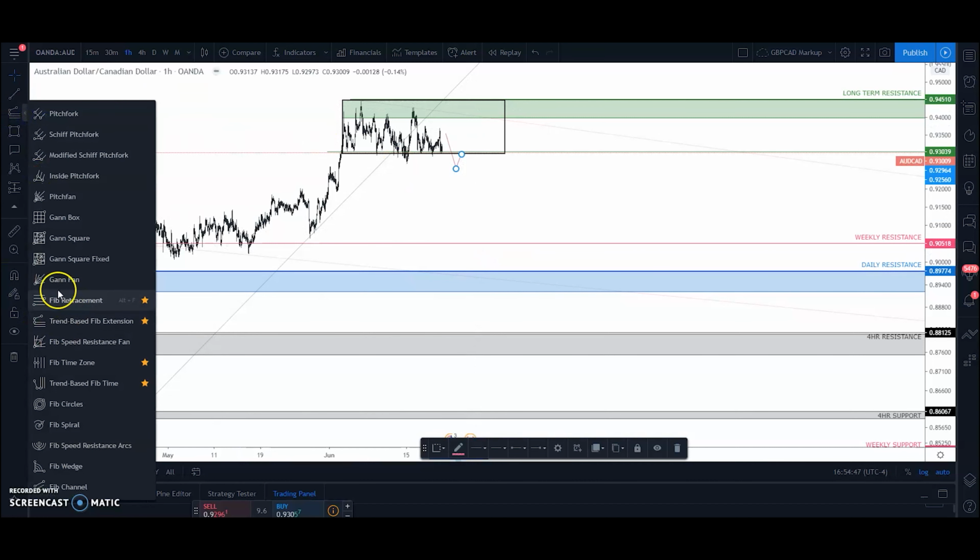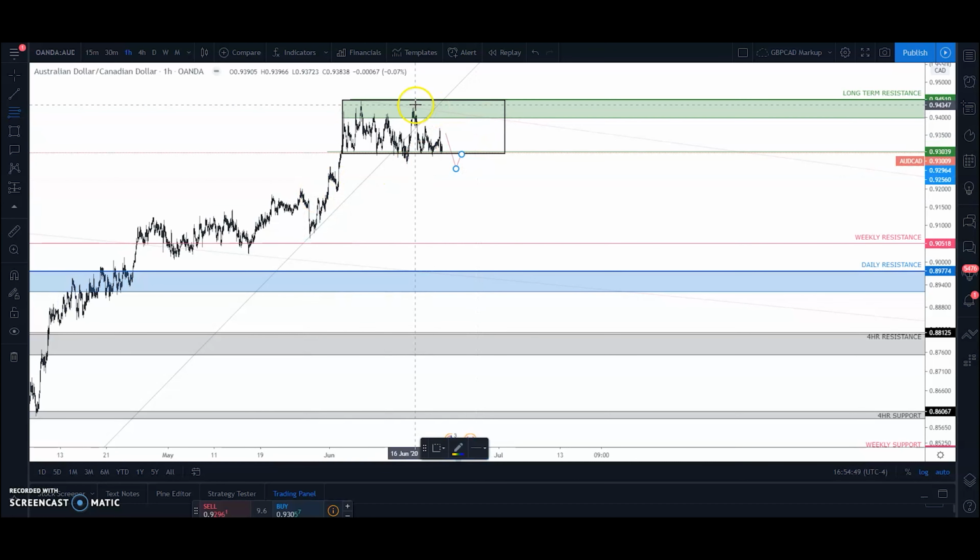So for me to figure out how far I think price will travel, I'm going to measure from the swing high to the swing low. And if you see, we're at the weekly resistance level and we're at the 1.618 extension area. And we see price, the high to the low, and it looks like price retraced back to that 61.8 fib level.